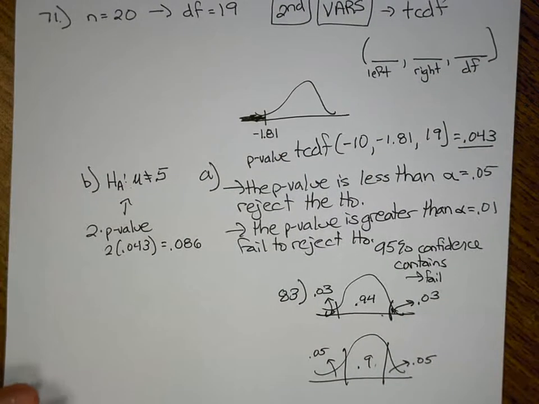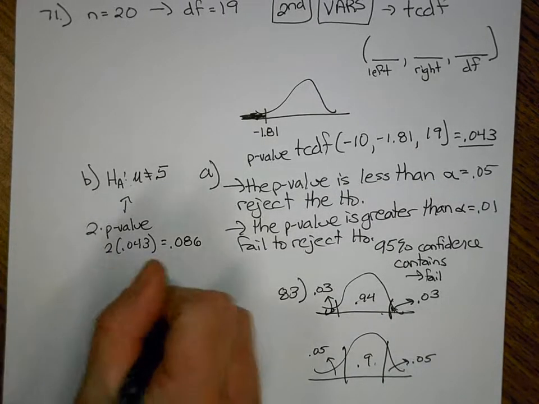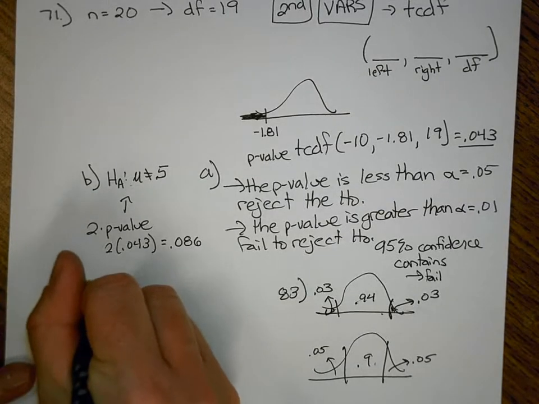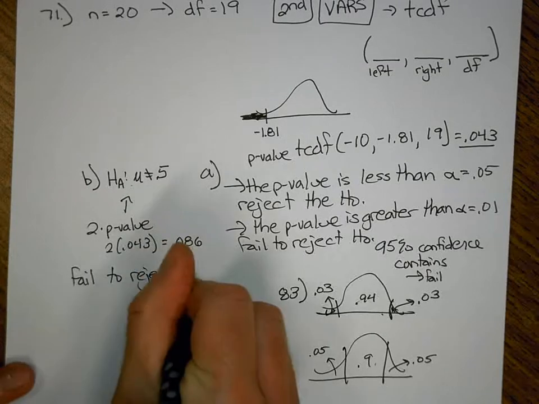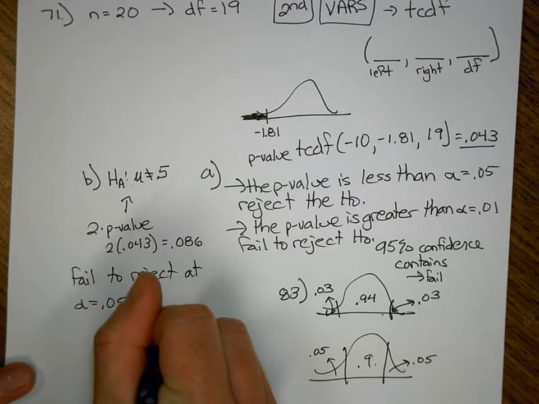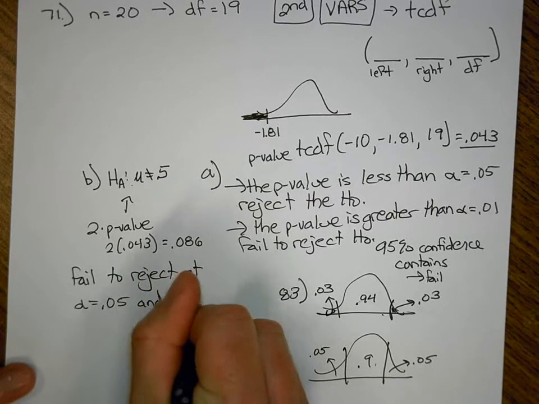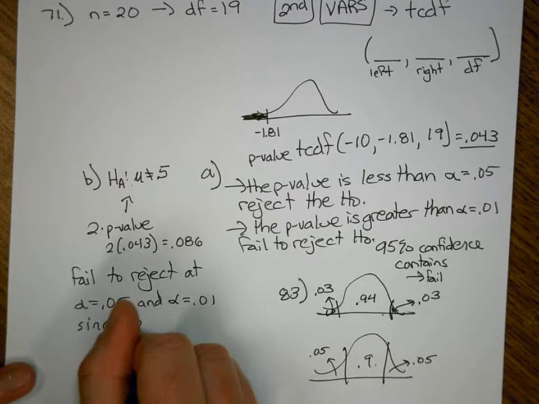So you would fail to reject at 0.05 because it's greater than 0.05, and of course it is greater than 0.01. So fail to reject at alpha equal to 0.05 and alpha equal to 0.01 since the p-value is greater than both.